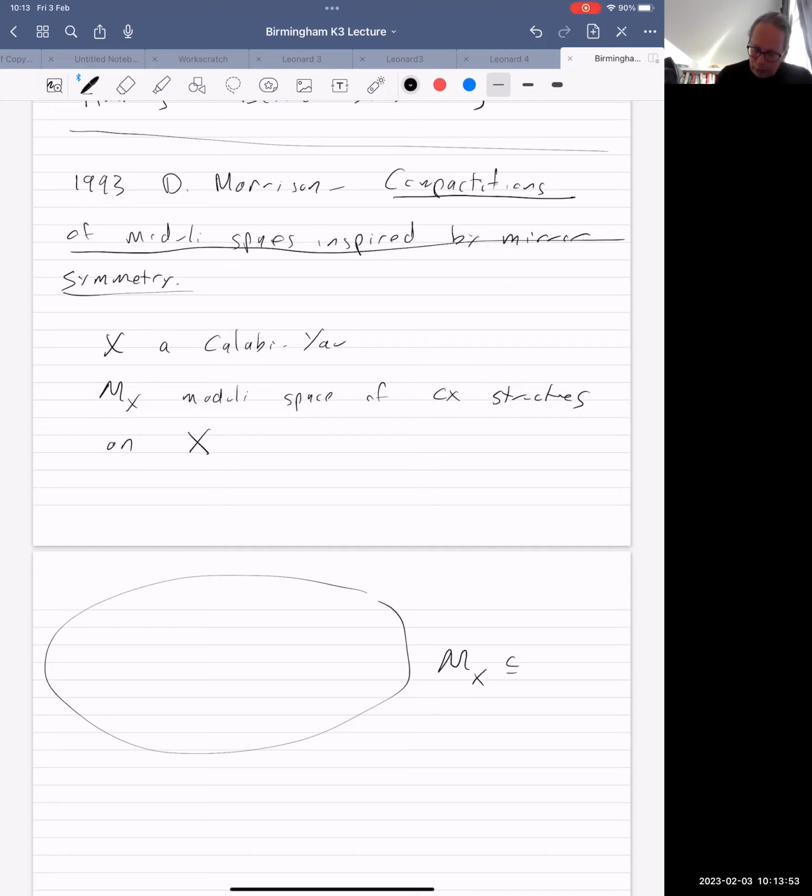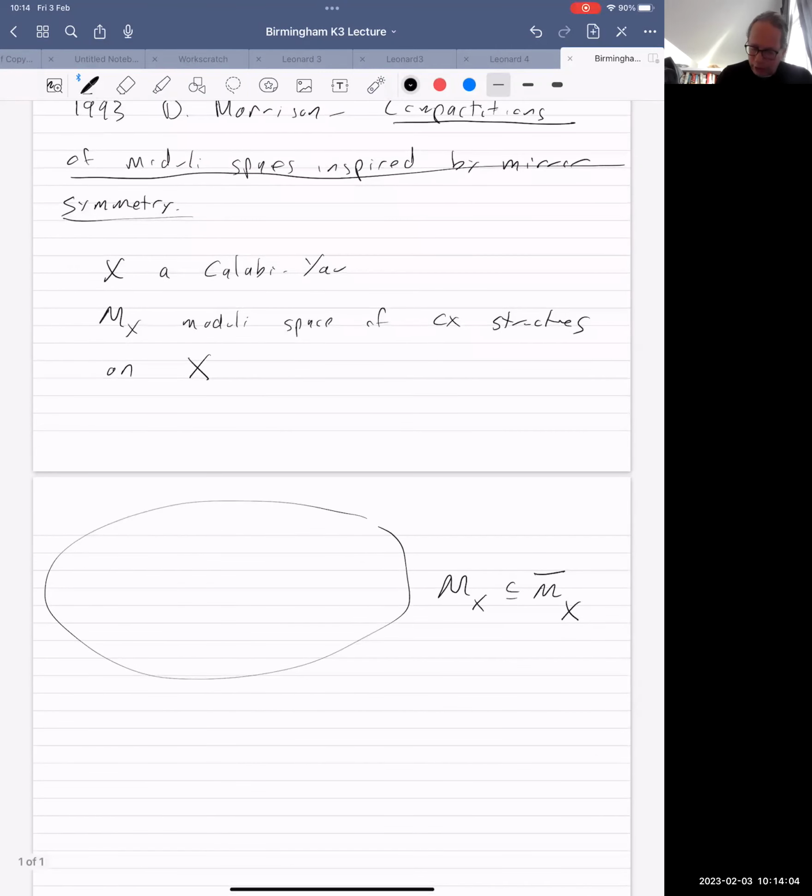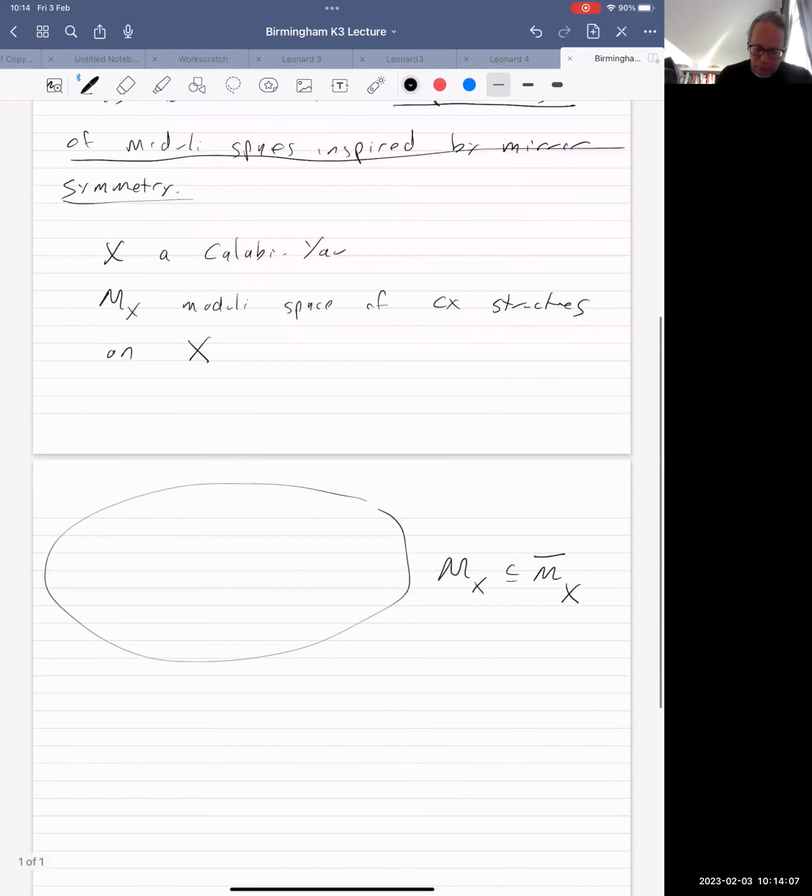And maybe we want to think about compactifying this in some way. Of course, this is a quasi-projective variety, at least if you polarize X. Then you can compactify, so you get a compactified thing.